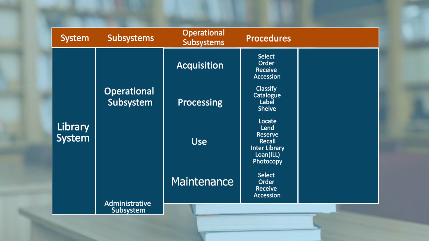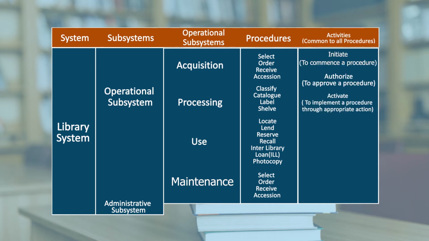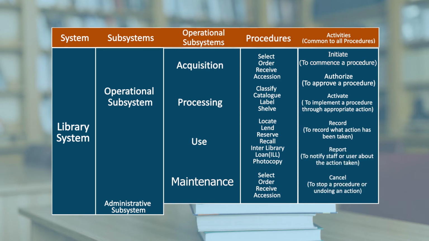Each of these 18 procedures may be conducted through all 6 possible activities. Again I am repeating that it may not require all 6 activities, but at the minimum level you need 1, and at the maximum level you need 6 activities to start and complete a particular procedure.